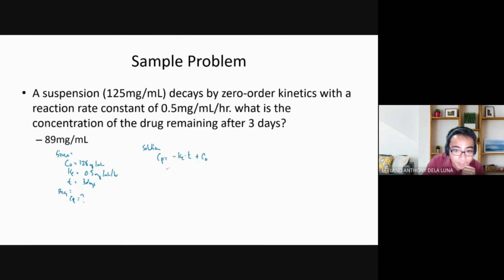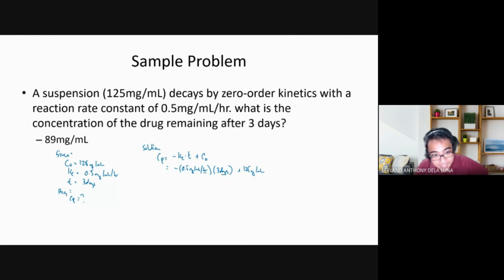So, negative Ke, that would be the negative sign, multiplied to 0.5 milligram per ml per hour times, what's our T? 3 days. Plus, what's our C0? 125 milligrams per ml. So, question! Are these cancelable, my Ke and my time? Obviously, class, no. It's not cancelable. Why? My rate of elimination is per hour.